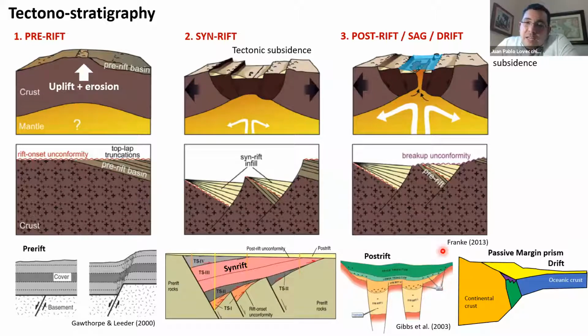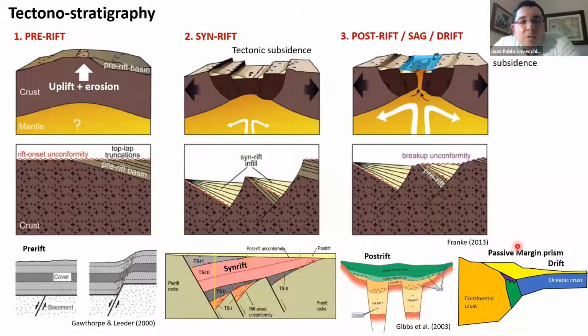And if rifting is successful, so rifting extension succeeds and produces the opening of an oceanic basin, in that case, we get the formation of this breakup unconformity at the top of the syn-rift and the base of the post-rift, and we have this passive margin prism, that's what we call the drift. So the drift is also produced by thermal subsidence, but in the case of successful rifting.